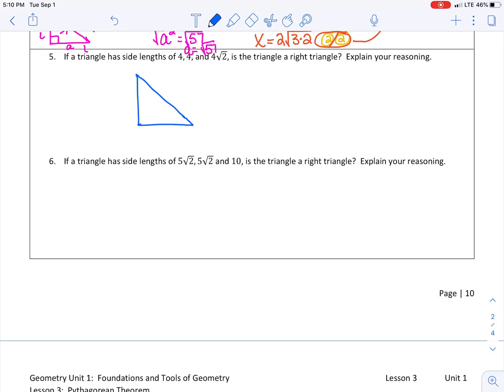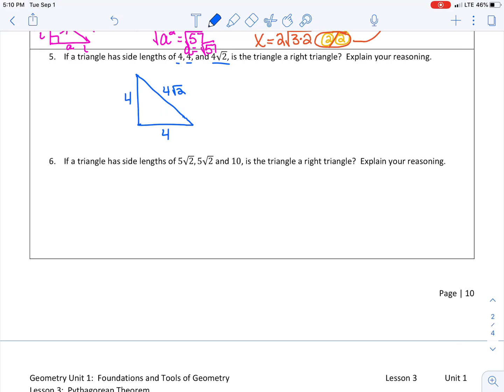It's saying, is this a right triangle? Explain your reasoning. So we're going to use the Pythagorean theorem to figure this out. First things first, we need to figure out of 4, 4, and 4 root 2, which side is the longest. And 4 root 2 is actually our longest side. So that means that our legs are going to be 4 and 4.